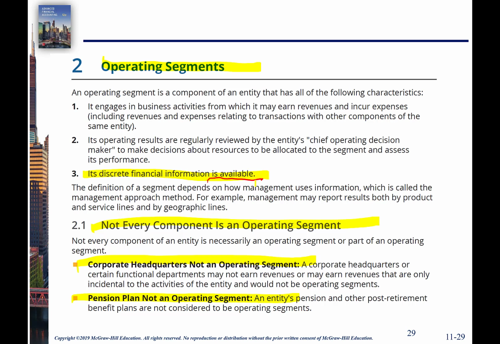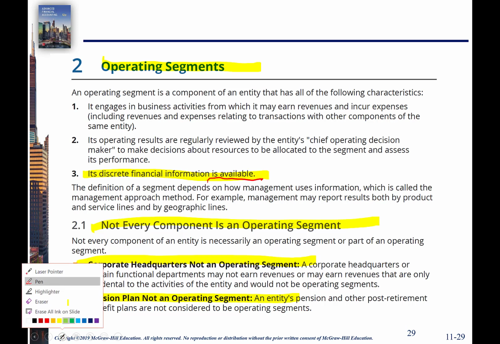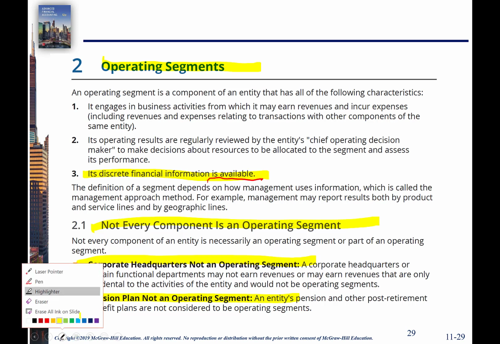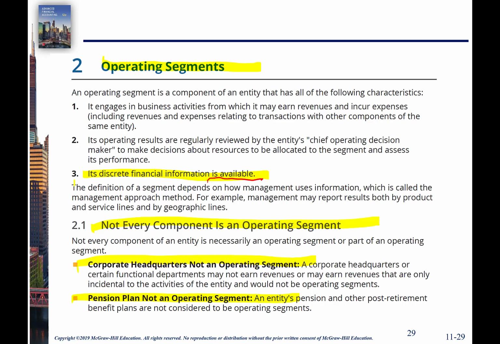It's, what do you already have, and is it big enough that we expect you to report it? And of course, is it an operating segment? So you can see they're telling us it is information that the chief decision maker, the CFO I guess is what they're trying to say without actually saying it, has available and uses to make different decisions about what's going on with the company.